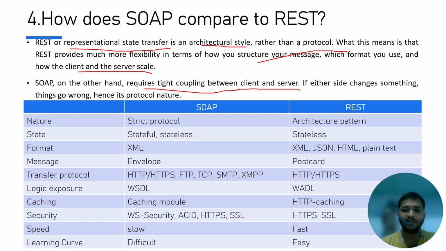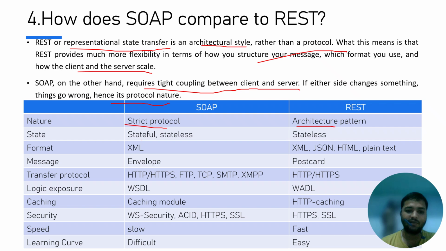If one side changes something, it goes wrong, hence its protocol nature. SOAP's nature is a strict protocol, and REST's nature is an architecture pattern.